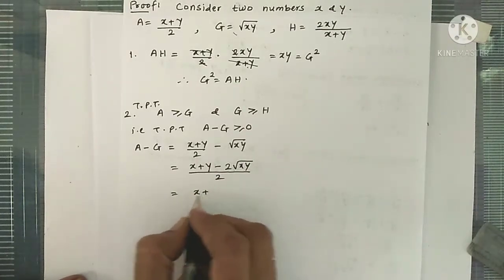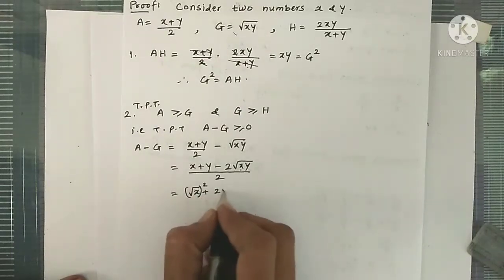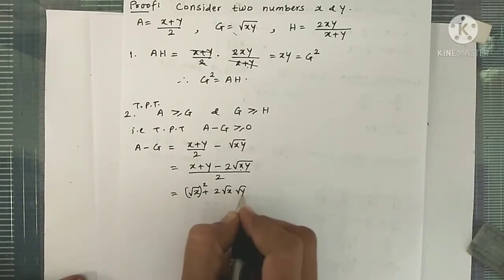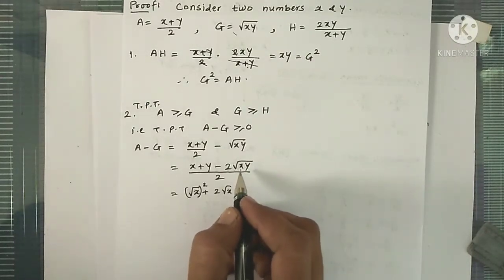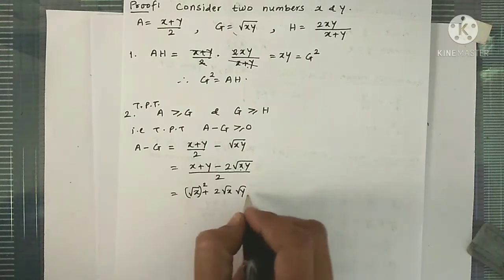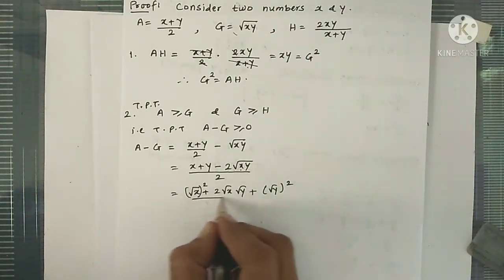So we can write this as root x square. Then let's write this term, 2 root x root y. So we can separate these two such that it is root x into root y, plus y, we can write it as root y bracket square, divided by 2.